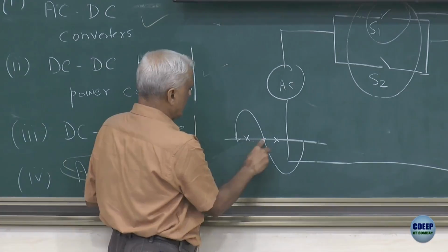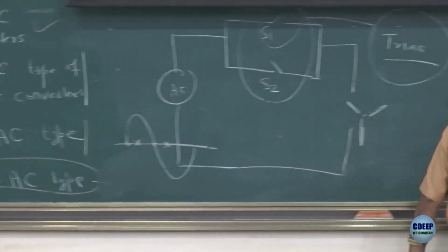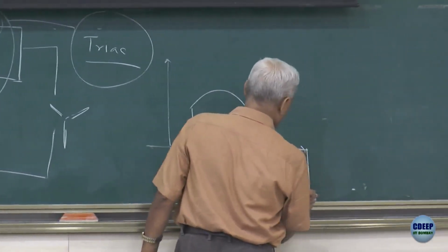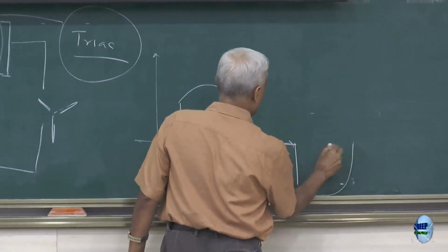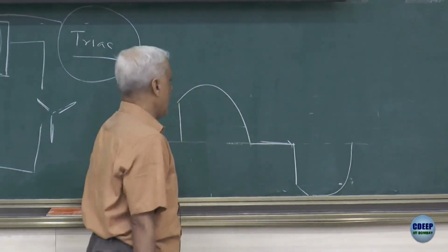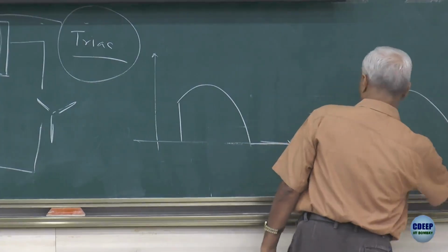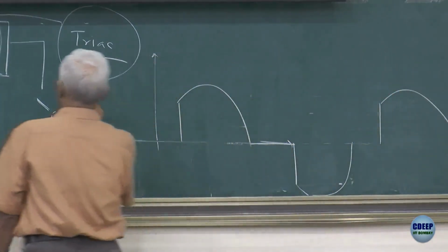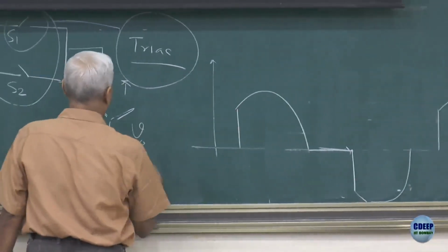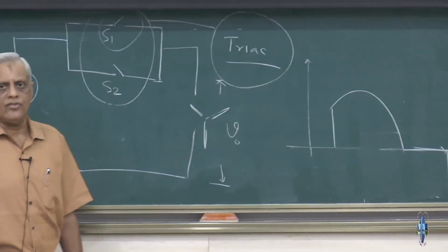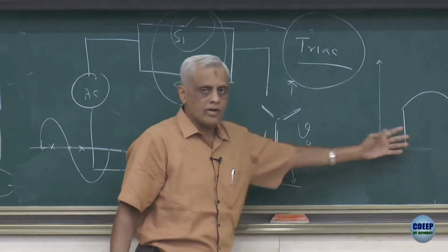So this distance and this distance are the same. So what will happen now? There would be nothing here, but when the control instruction is given, then this will come like this, and likewise here. And as before, let me just call it vO, small v, because I know it's an AC. You agree with me? This is an AC. This is what you get.